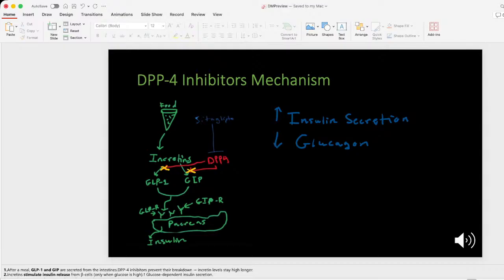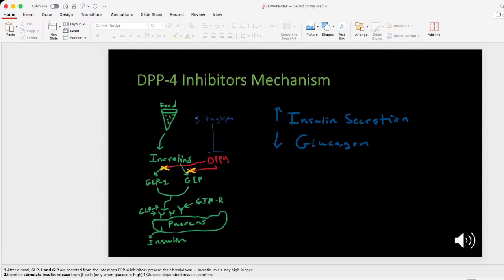The DPP4 inhibitors prevent their breakdown so incretins can stay longer. And eventually they'll get broken up. They are going to bind to these receptors on the pancreas, and then insulin is going to be released, but it's not going to be overwhelmed.